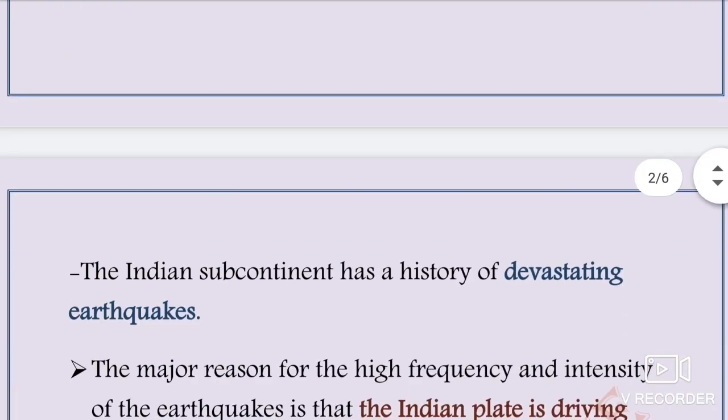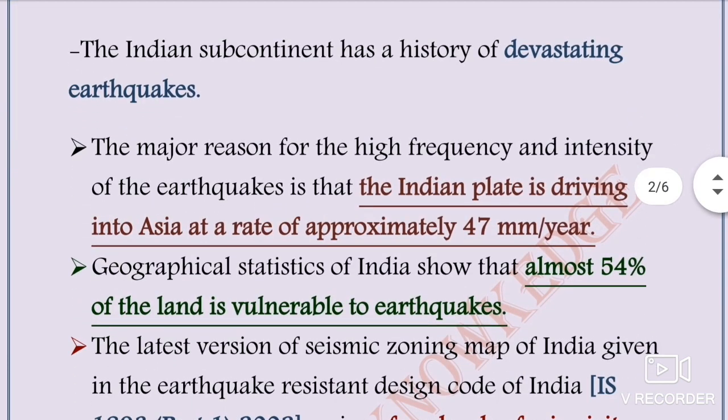Okay, and we all know the Indian subcontinent has a history of devastating earthquakes. The major reason for the high frequency and intensity of the earthquakes is that the Indian plate is driving into Asia at a rate of approximately 47 millimeters per year, or about 5 centimeters per year.